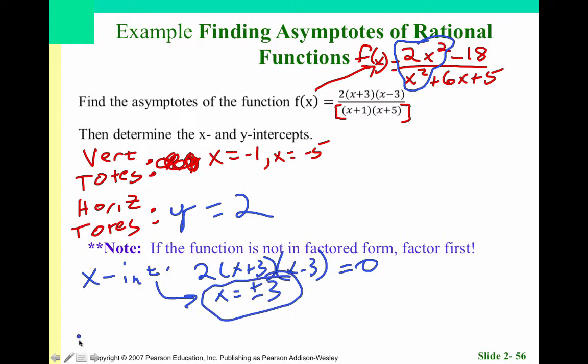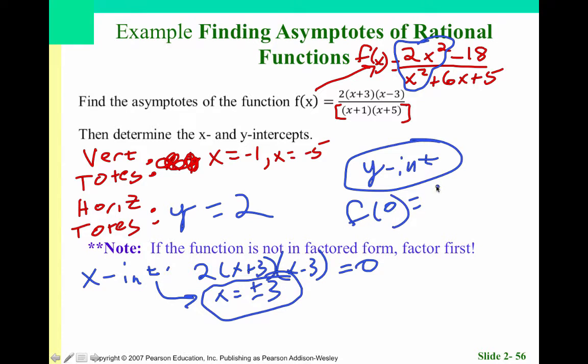And then the y-intercept is f of 0. So we're putting 0 in everywhere. 2 times 3 times -3 over 1 times 5. What did I do?